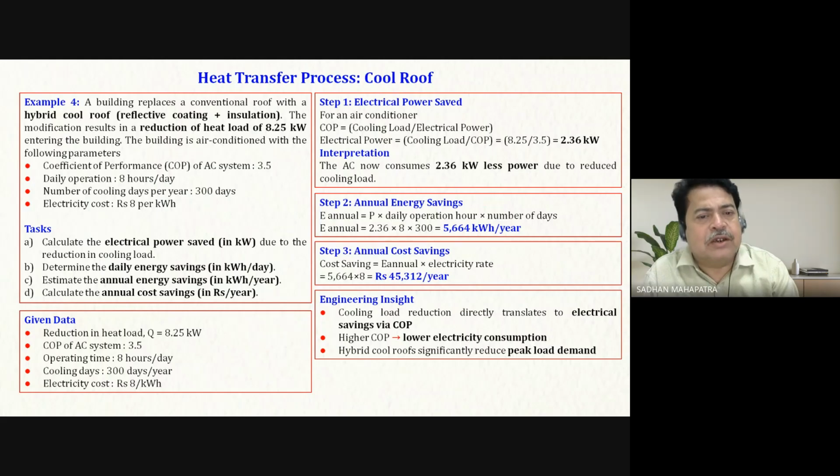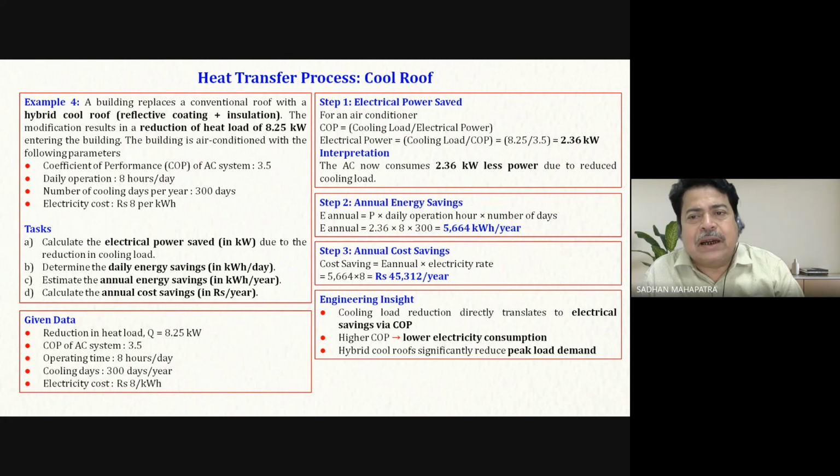The air conditioner system has a COP of 3.5, daily operation of 8 hours per day, and number of cooling days per year 300, that means operation days is 300. Electricity cost is rupees 8 per kilowatt hour. Calculate the electrical power saved due to the reduction in cooling load, daily energy saving, annual energy saving, and annual cost saving.